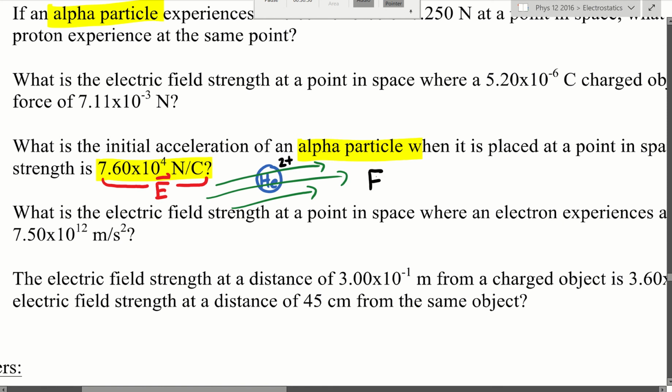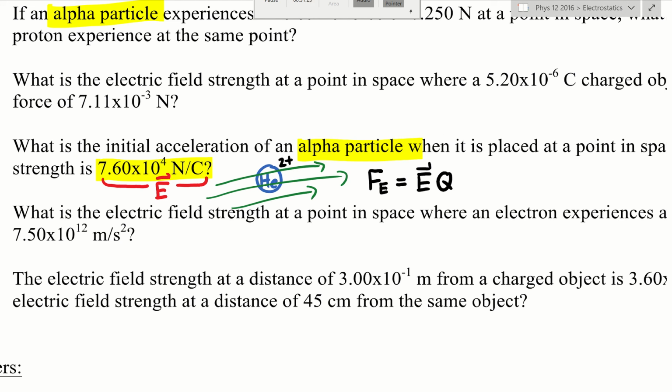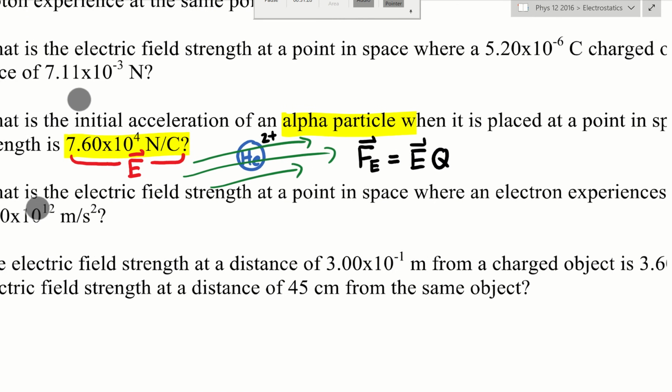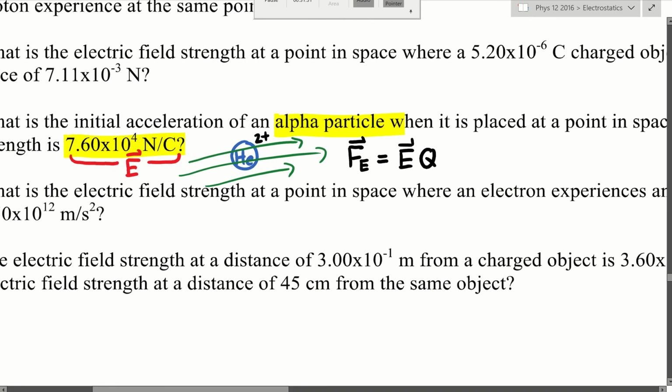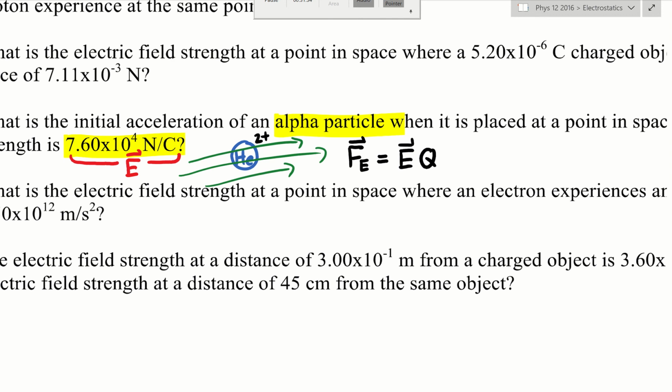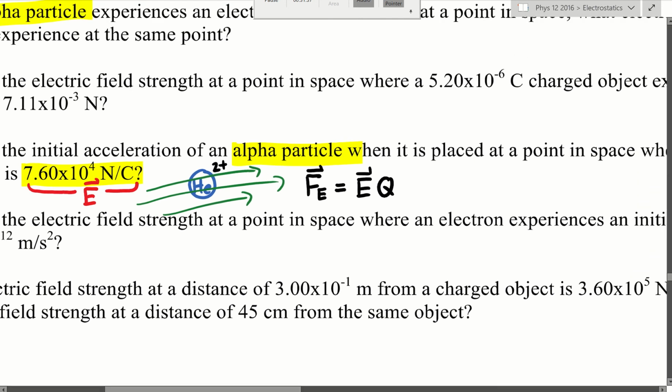The force on this object: remember, electric field is force per unit charge. If I change that equation a little, electric force is electric field multiplied by the charge, F = Eq. To figure out how much force you're experiencing, multiply the electric field by your own charge.